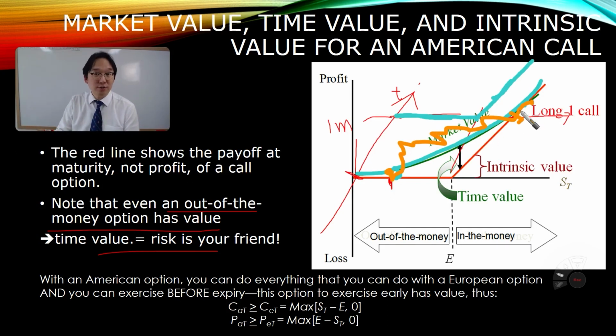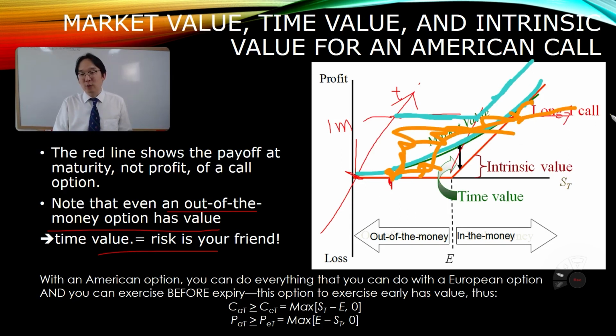More uncertainty, well, more value to this option. More higher risk. If the asset has a higher chance of ending up anywhere, like going extreme, like GameStop stocks, right? Then the option value right now will be higher. The risk will be your friend, okay? That's this story over here.